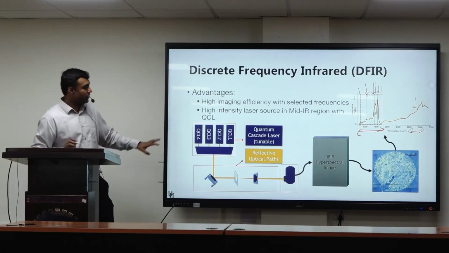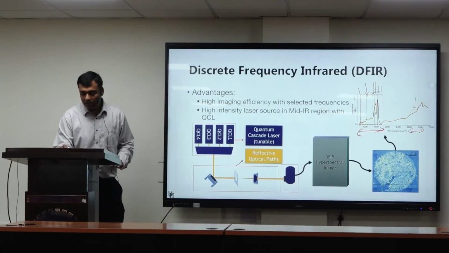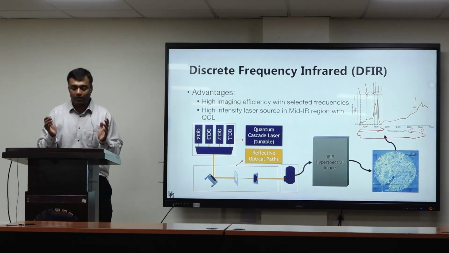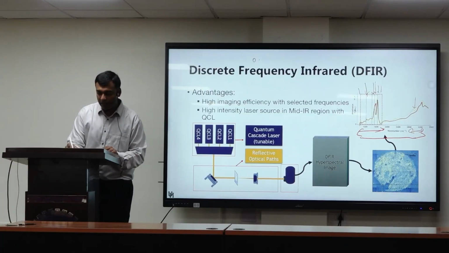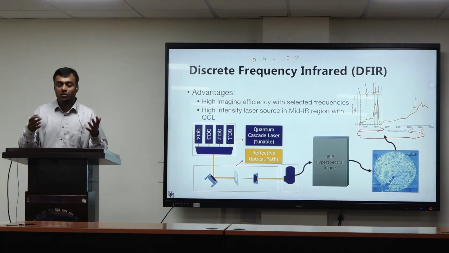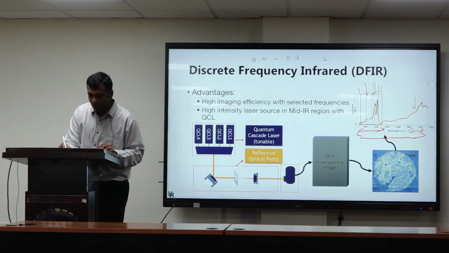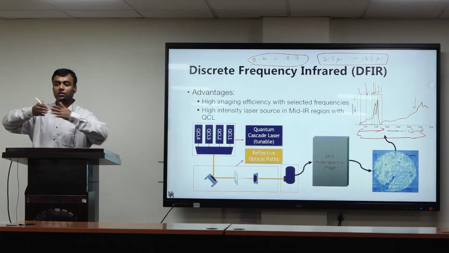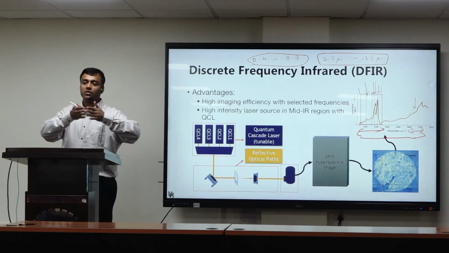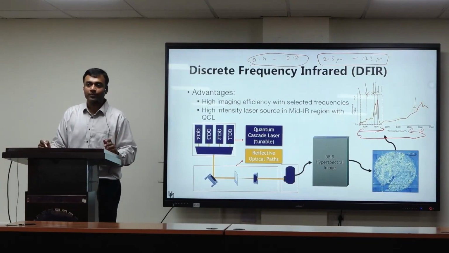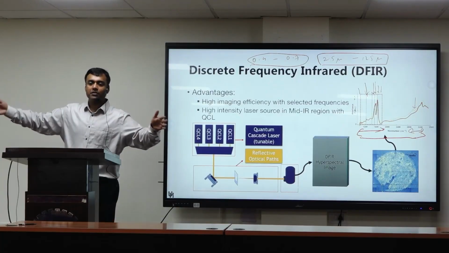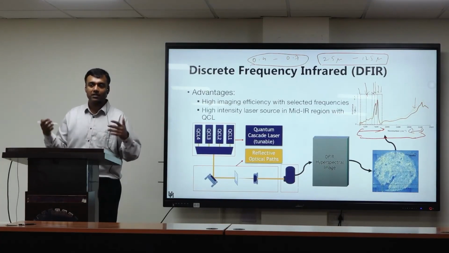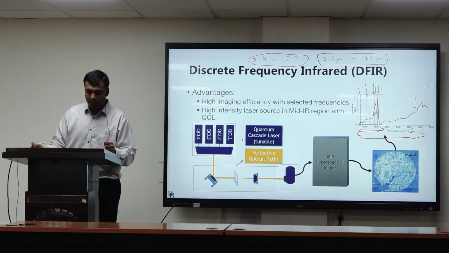Different molecules have different peaks, so it's a very useful part of the mid-infrared spectrum. If you make measurements in this region, you can identify a lot of molecules in the chemical composition of samples. Visible light is roughly 0.4 microns to 0.7 microns, but imagine this range is 2.5 to 12.5 microns. This range of wavelengths is so much longer, so the mid-infrared covers a much broader spectral range in terms of wavelengths.